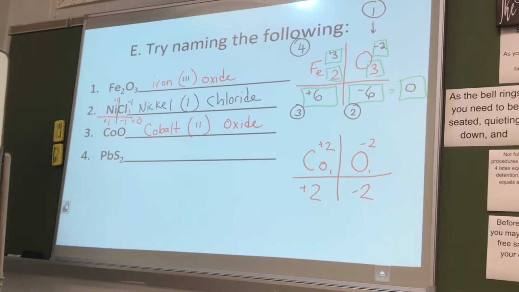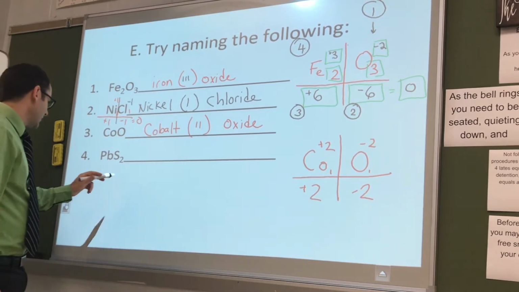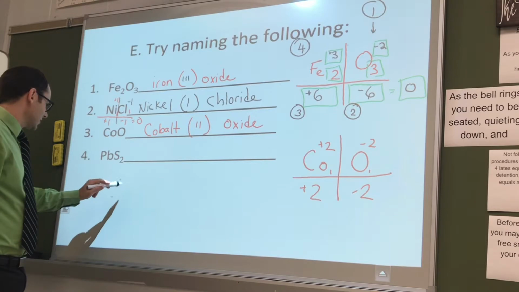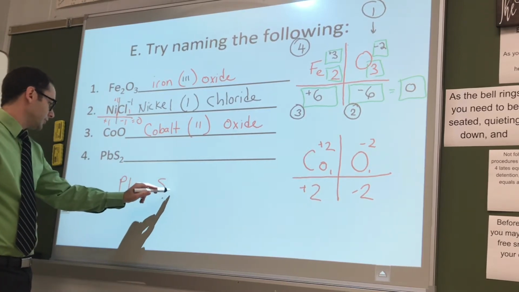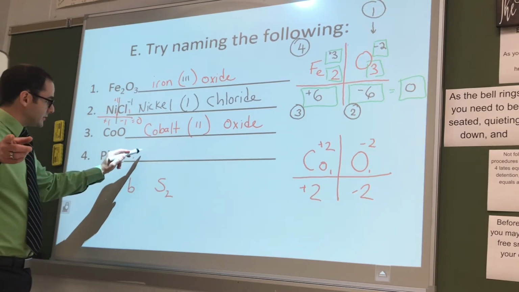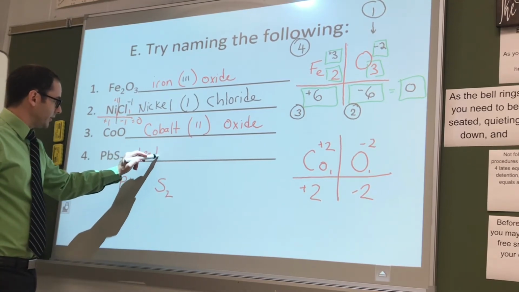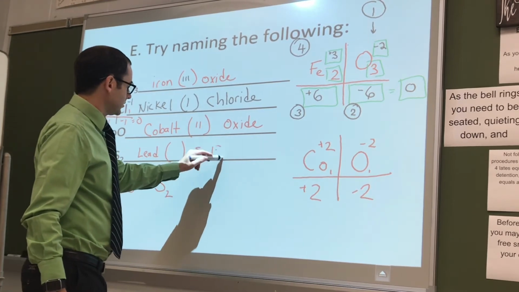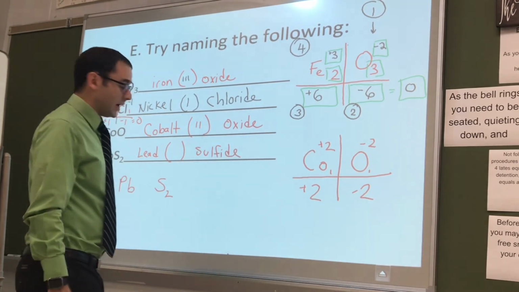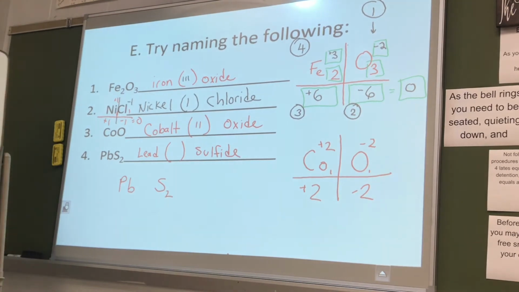All right, and then we have PbS. PB is lead, good. We don't know what it is, and then S is sulfide, good. Not sulfate, right? If it was sulfate, it would be SO4.